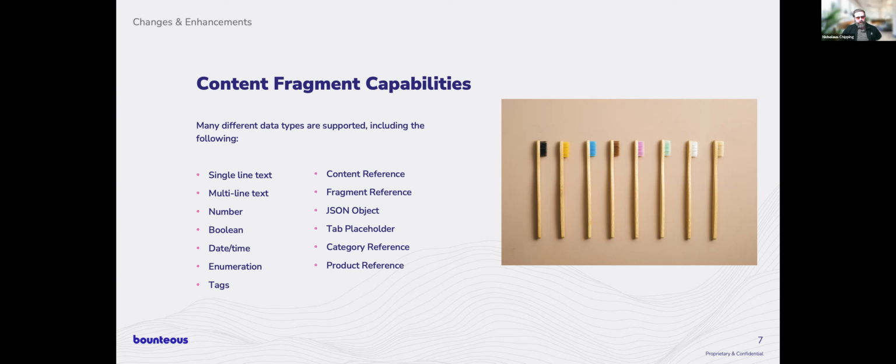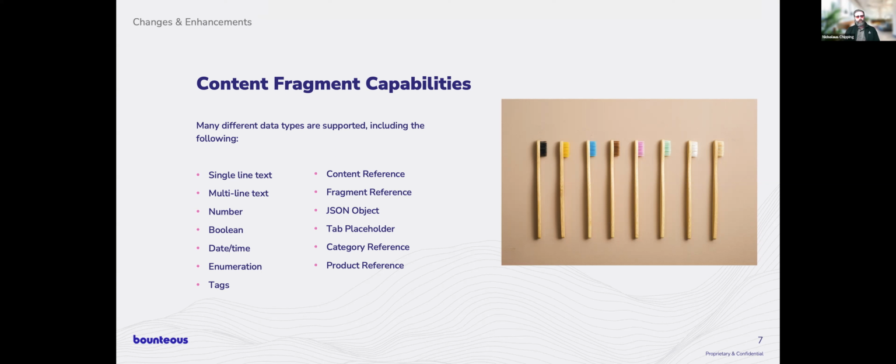So content fragments, if you think of them kind of like a box, just an empty box that you can define whatever you want that box to do. If you want this box to hold paper plates, you can tell it what kind of paper plates you want, the thickness and the color and all of that sort of stuff.